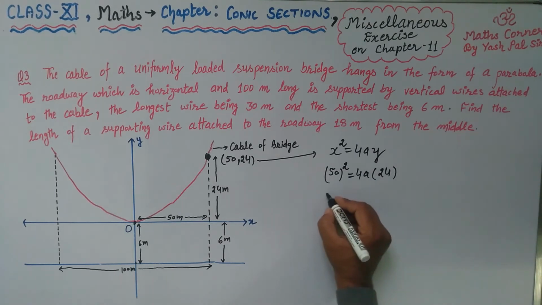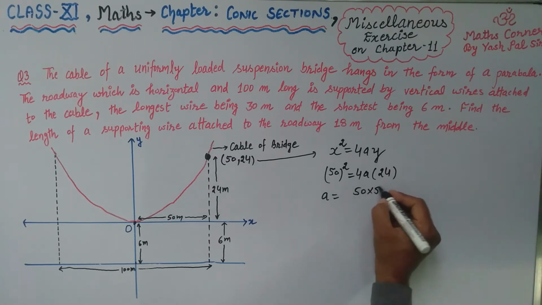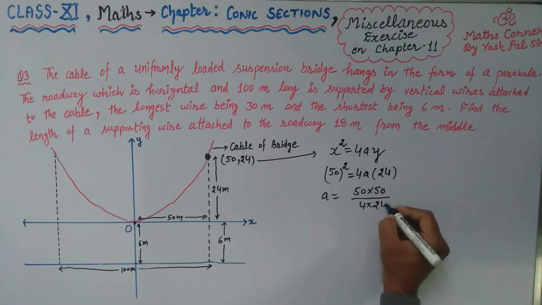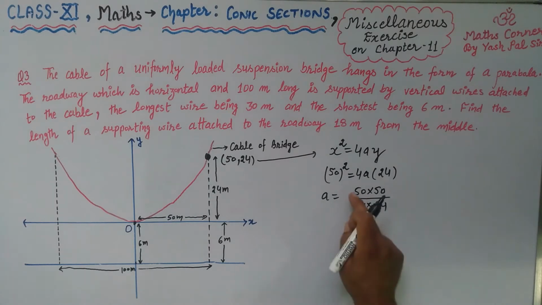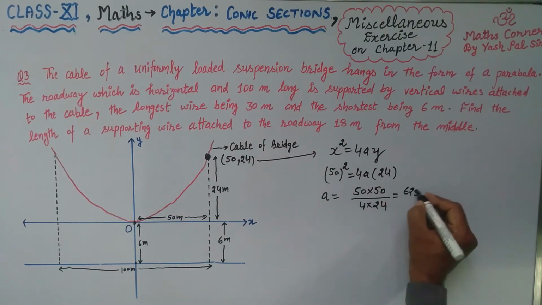So this means a is equal to 50 into 50 divided by 4 into 24. That is cancelling with 2 to 25 into 25, 625 divided by 24.